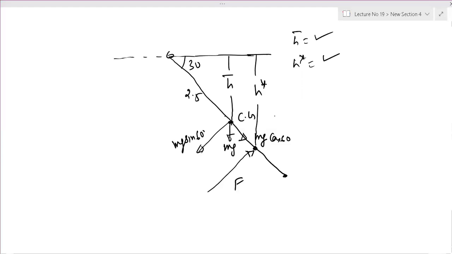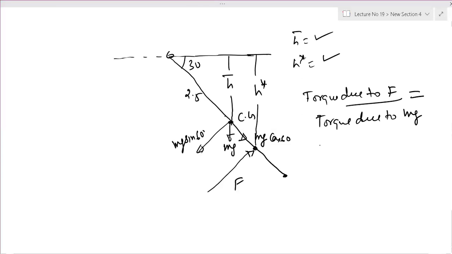Now we'll calculate torque due to F, which must be equal to torque due to mg. If both are the same, then the torques are in opposite directions, so the plate will be in equilibrium.